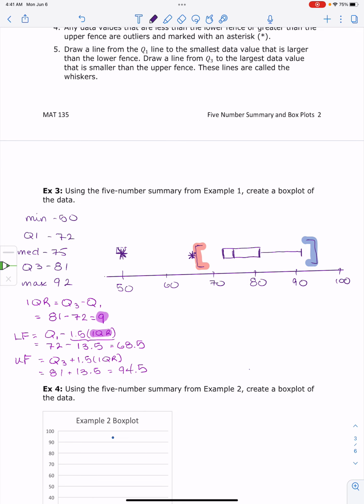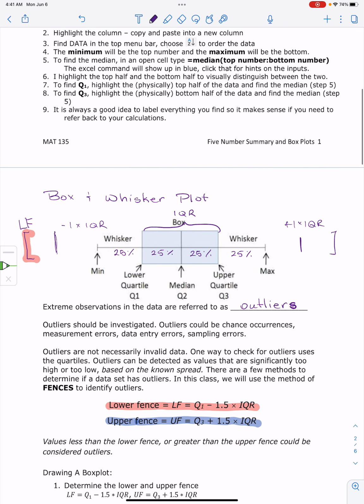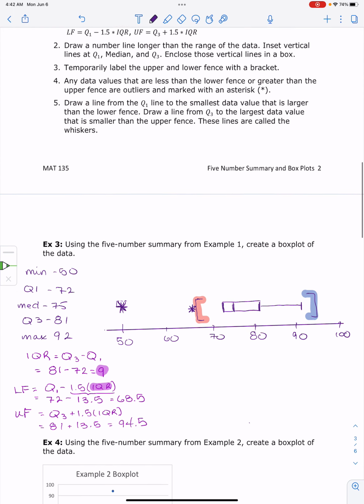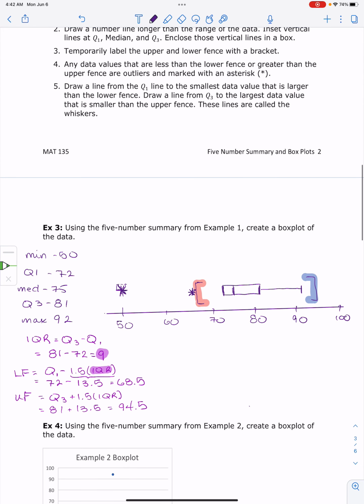Okay, so back up to my data set. Next smallest value is that 72, which happens to be the same as my Q1. And so this is what this box plot looks like. I don't have a whisker that goes out towards the minimum on this side because that extends past my lower fence.